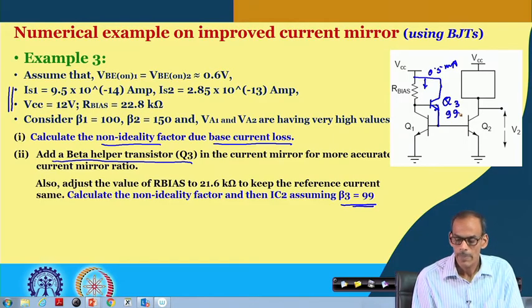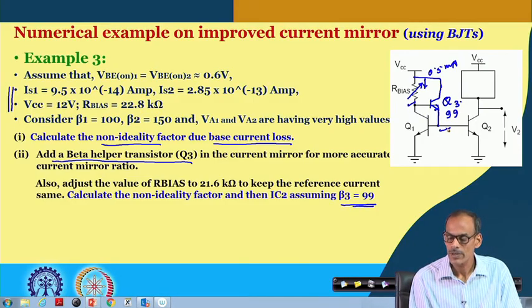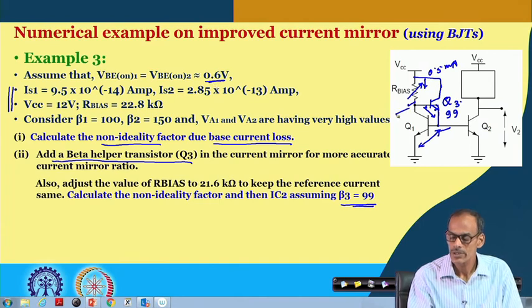and once we add this transistor, we need to readjust this resistor, because the collector and base voltages are not the same. In fact, if you observe carefully, this is one VBE, this is another VBE. If I approximate that this VBE is also 0.6, then the DC voltage coming here is 1.2 volt.